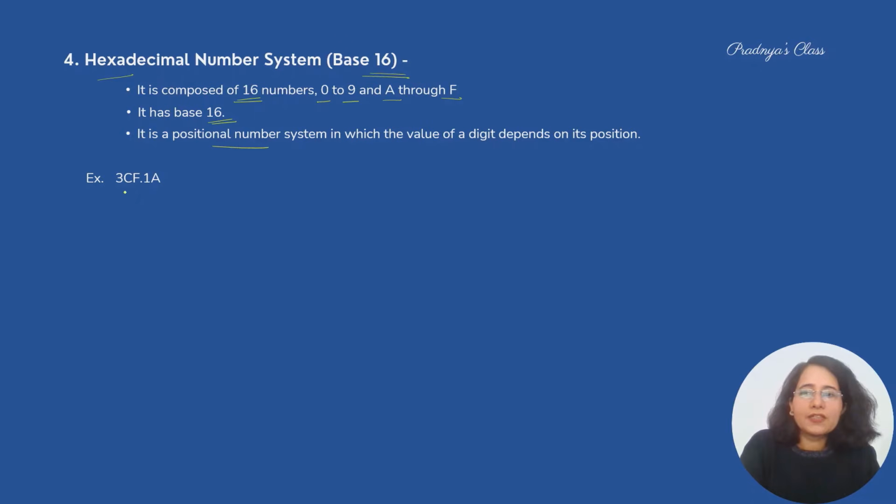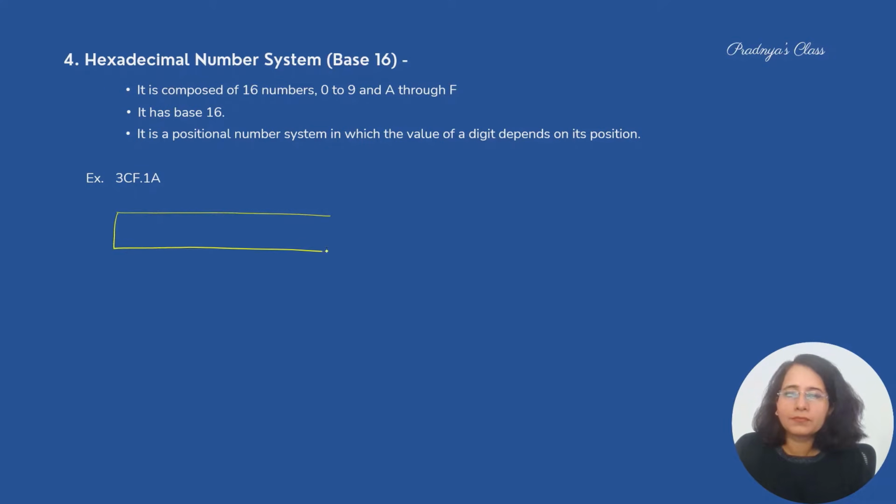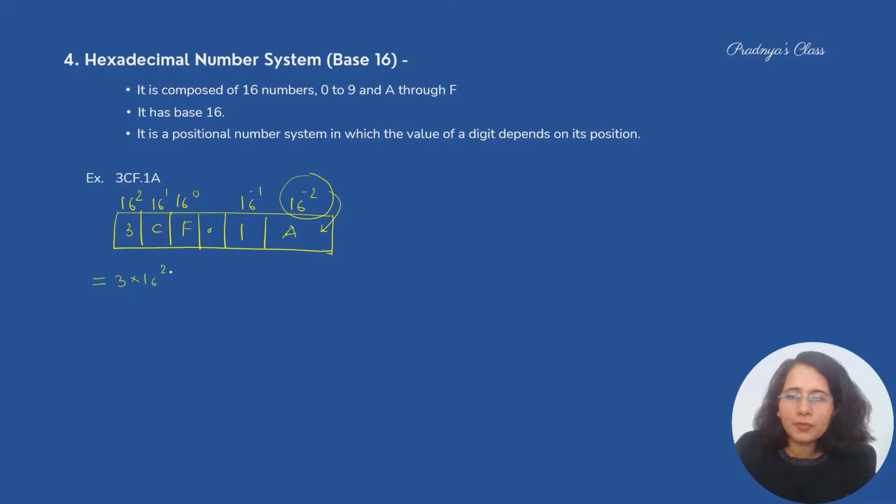So let's solve this example I have already written here. To solve this, draw the table and write the weight of that so that it will be easy to calculate. Multiply this weight with the digits. 3 into 16 raised to power 2 plus C into 16 raised to power 1 plus F into 16 raised to power 0.